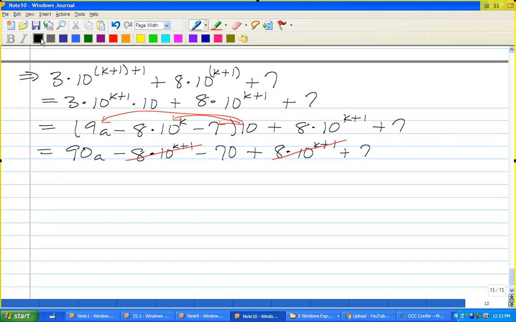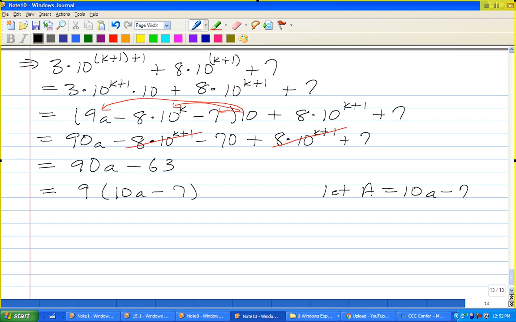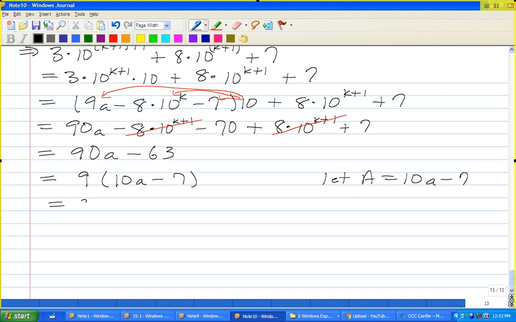And so I get 90a plus 7 minus 70. So minus 63. So this is equal to, factoring out a 9, 9 times (10a minus 7). So in this case, let a equal 10a minus 7. So this is equal to 9a.